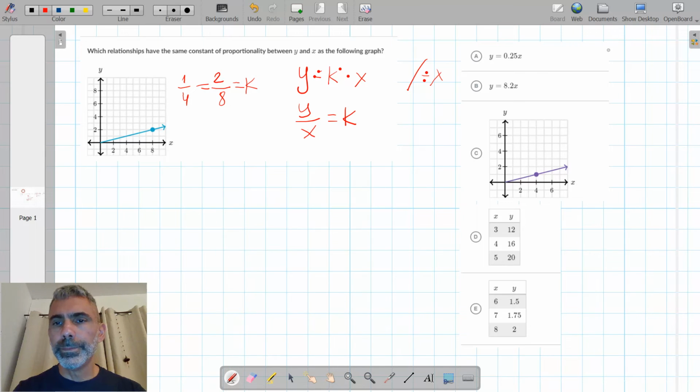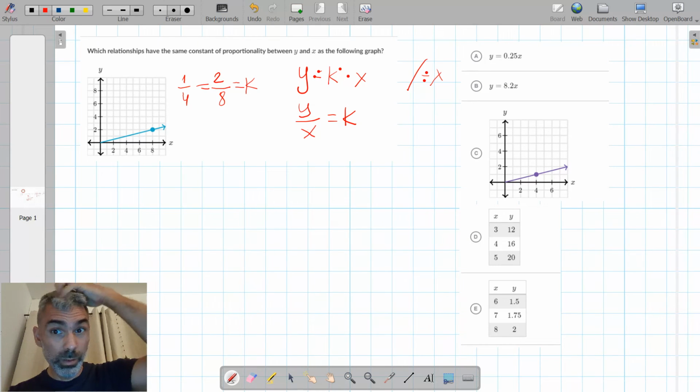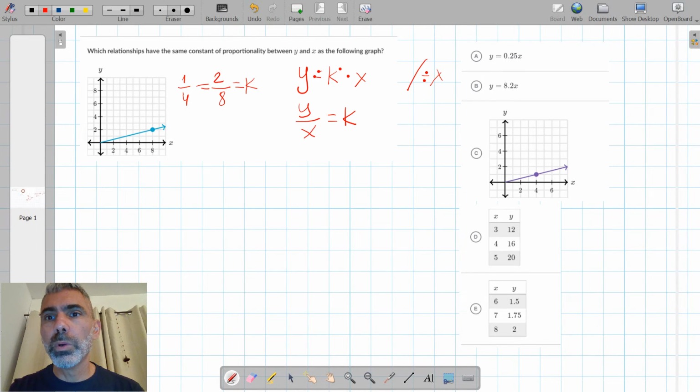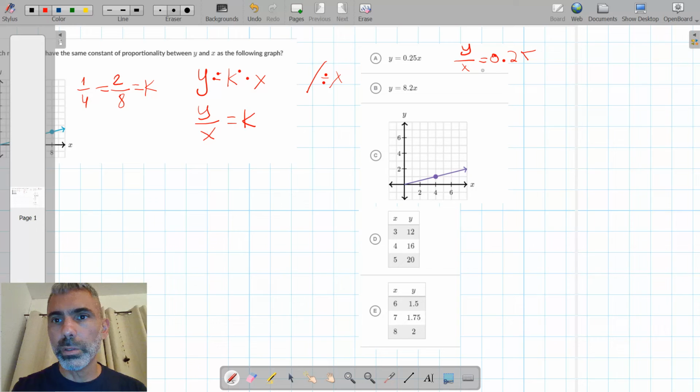Okay, so A: if we divide both sides of the equation by x, we get y divided by x is 0.25. 0.25 is the same thing as 1/4, because 0.25 is 25 hundredths, and 25 hundredths are the same as 1/4.